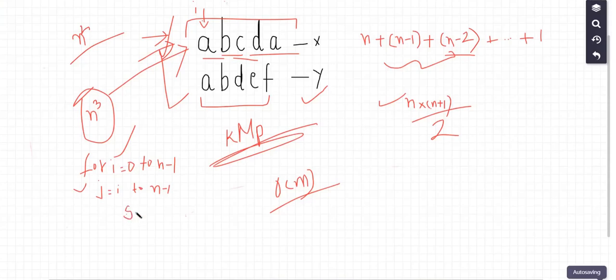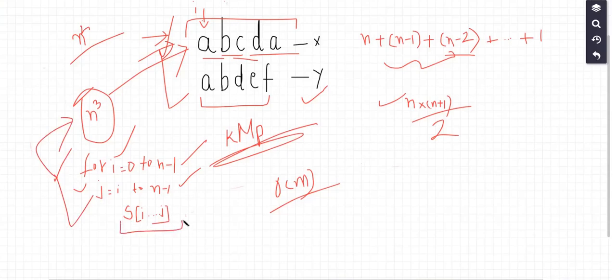This is the outer loop, and this is a nested loop. Inside that I use another loop to generate the substring from i to j. This will cost me a time complexity of n cube, because in the worst case the substring is of length n, where i is 0 and j is n minus 1.